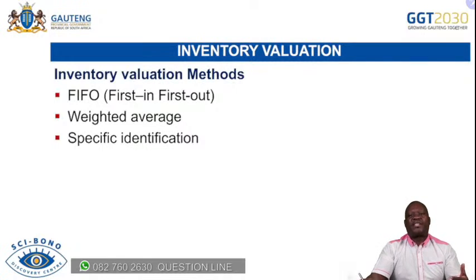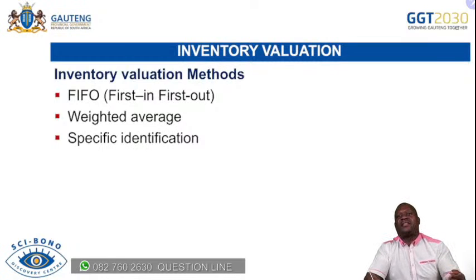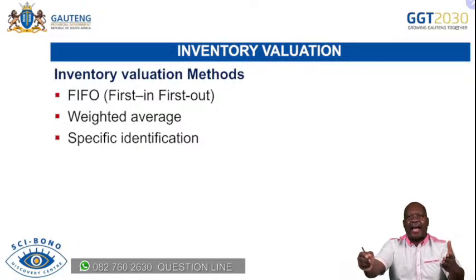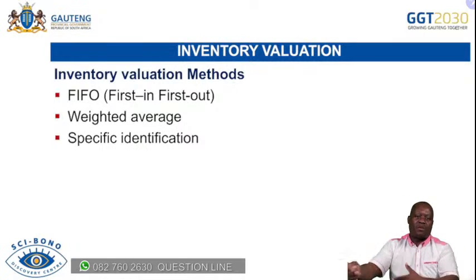The next one is weighted average. This one says, no, we are not sure which items we have. So let's find an average price for all our items. And then when we have an average price, whatever we have, if there are 19 items, we multiply by the average price and find the value.